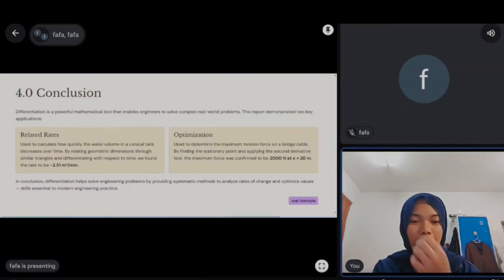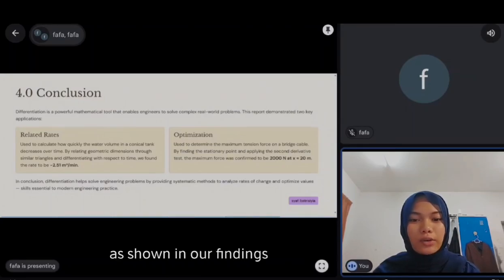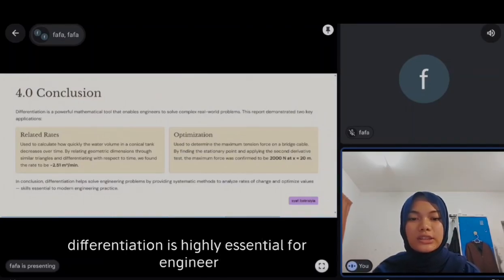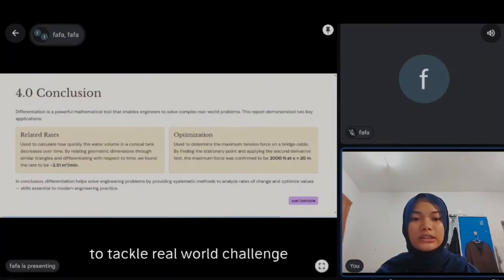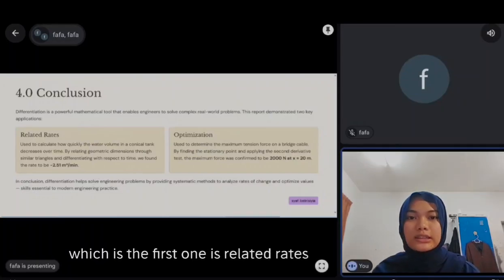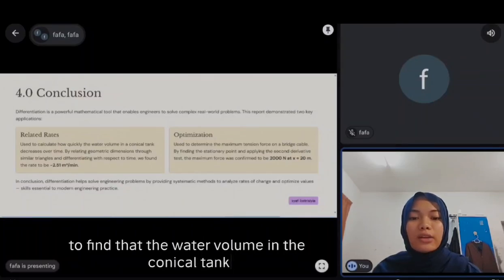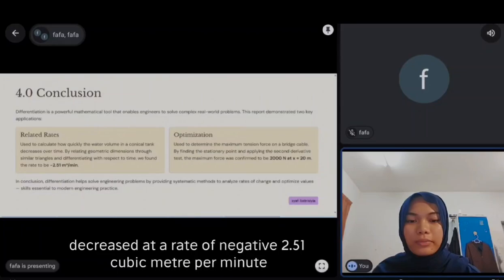Now, let's wrap up our presentation with the conclusion. As shown in our findings, differentiation is highly essential for engineers to tackle real-world challenges. We focused on two main areas. The first is related rates, where we related geometric dimensions using similar triangles to find that the water volume in the conical tank decreases at a rate of negative 2.51 cubic meters per minute.